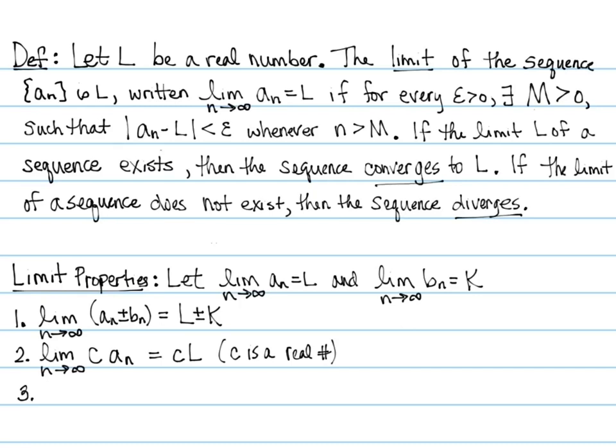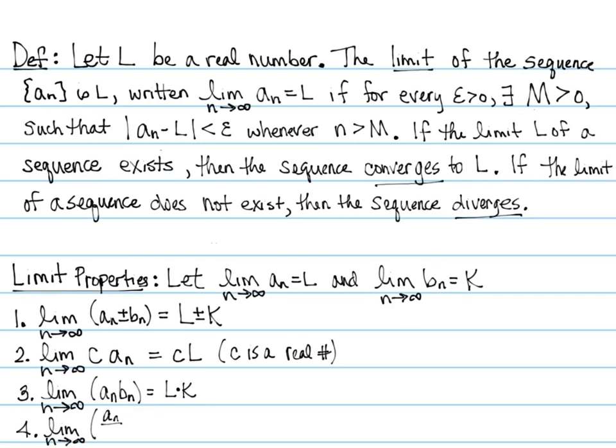All right, third one. If you have the limit as n goes to infinity of a sub n times b sub n, what would you expect that one to be? Yeah, L times K. Or you can just write LK if you prefer. The last one of these particular properties would address what operation? Which one have I not done?